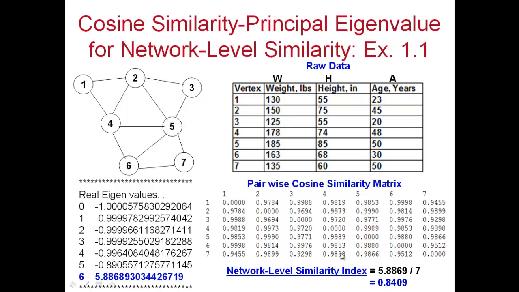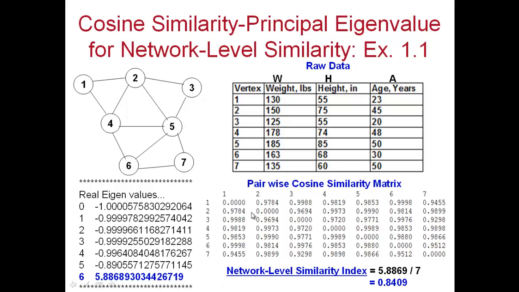So you can save this as a matrix and feed it into our adjacency matrix based eigenvalue program, and you're going to get these eigenvalues. The largest among these eigenvalues is 5.88689. Divide that by the number of vertices, and what we get is the network level similarity index. So the principal eigenvalue is always going to be less than or equal to the number of vertices. So that's the idea here.